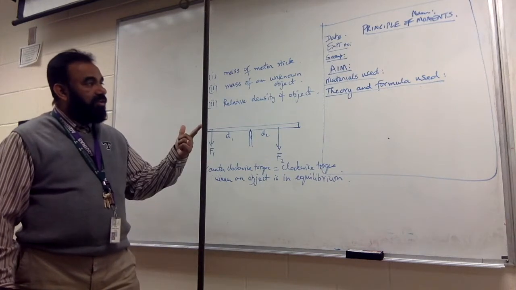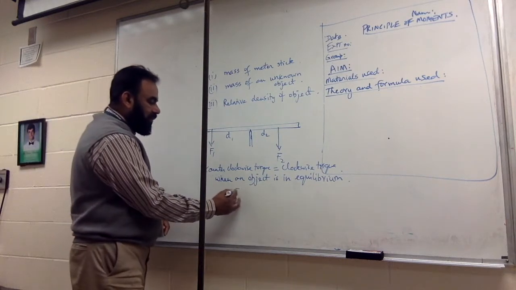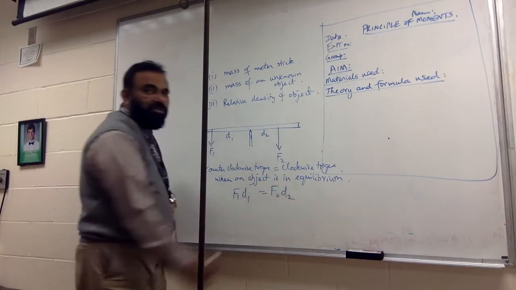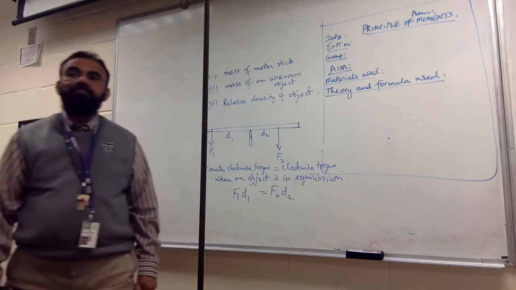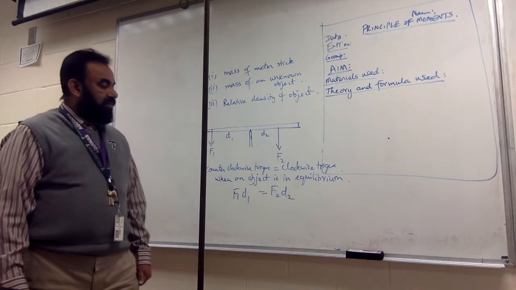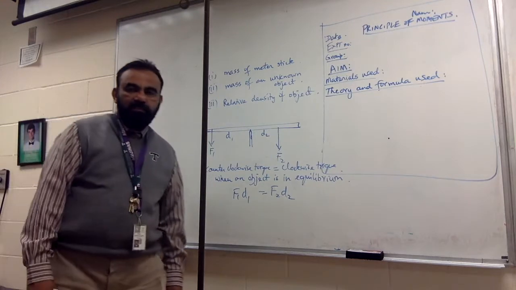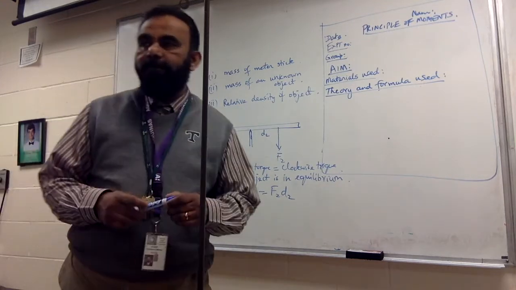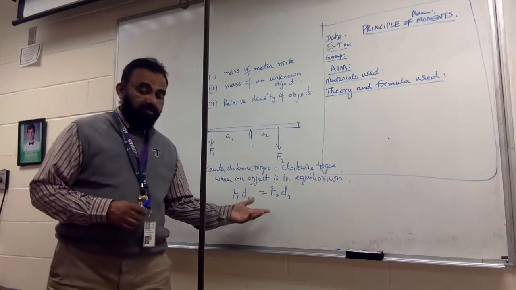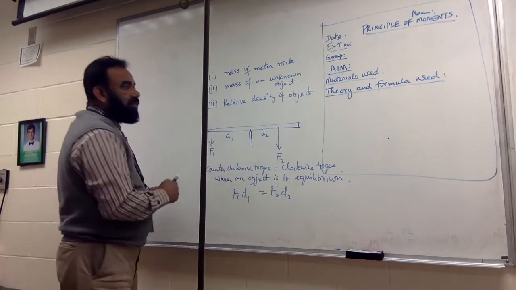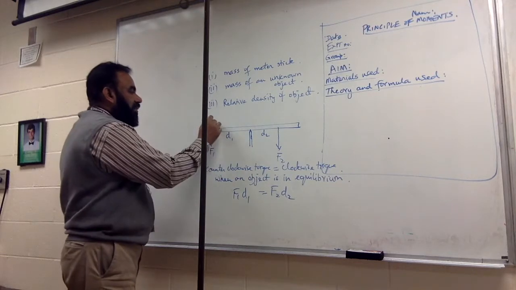Now the formula that you're going to use is F1 D1 equals F2 D2. This is pretty much what you're going to do in the lab. Is that the formula or the theory? That's a formula. The theory part of it is right there. This is called the principle of moments.